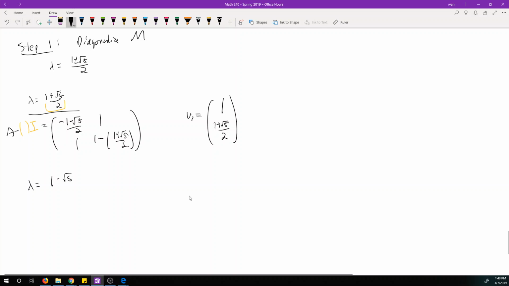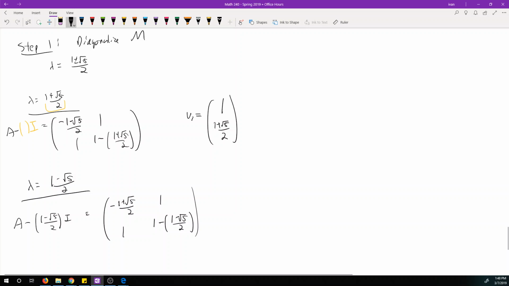And then the second eigenvalue, right, is 1 minus root 5 over 2. And so now you get A minus 1 minus root 5 over 2 I. And so now this is negative 1 plus root 5 over 2. And then this is 1, 1, and then you get 1 minus, in parentheses, 1 minus root 5 over 2.